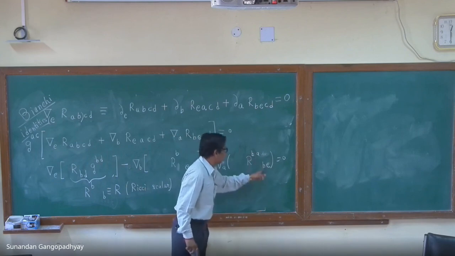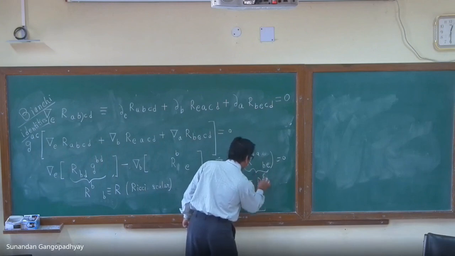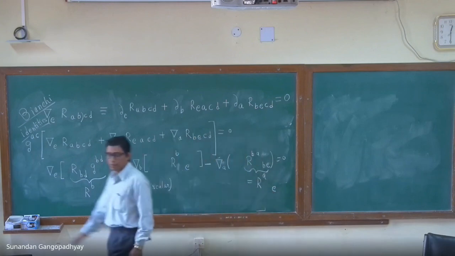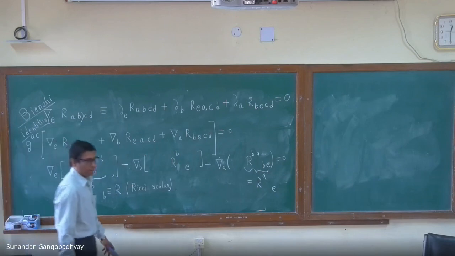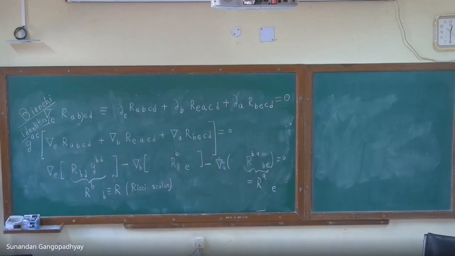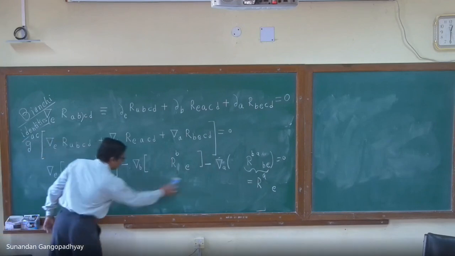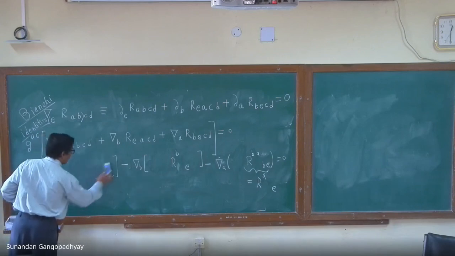First and third index contracted, so this is nothing but R_AE. Is it okay? This is R_AE. This is correct. So the trick is that you have to use the symmetry and antisymmetry properties of the Riemann tensor as well as the Ricci tensor. This is nothing but R.